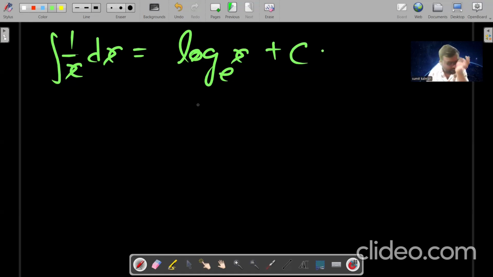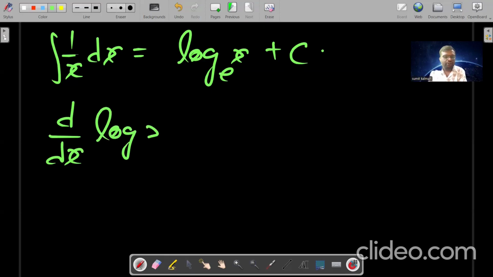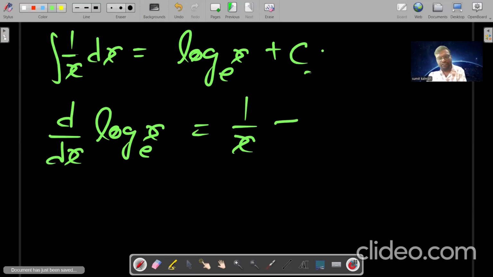And students, integration is just the reverse process of differentiation. If you have d by dx of log x, then what is the differentiation of this? 1 upon x. And we always use the integration constant in indefinite integral, because functions having the same differentiation differ by a constant.